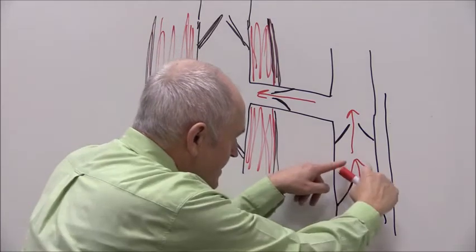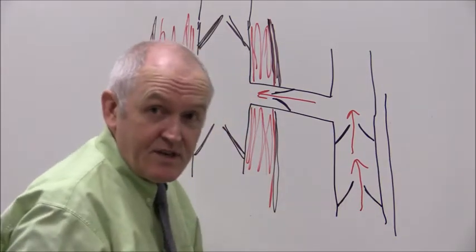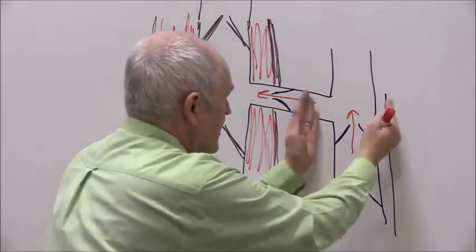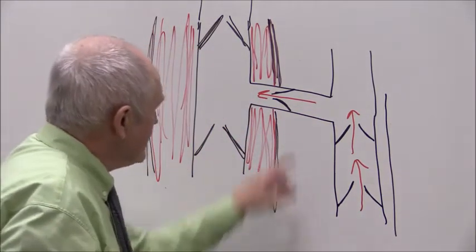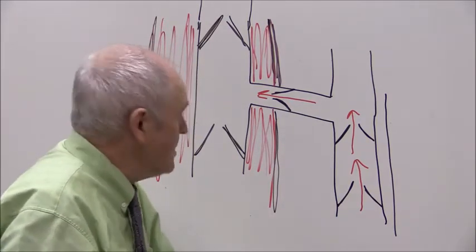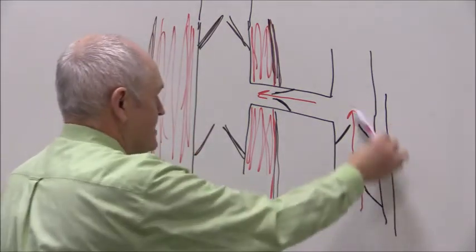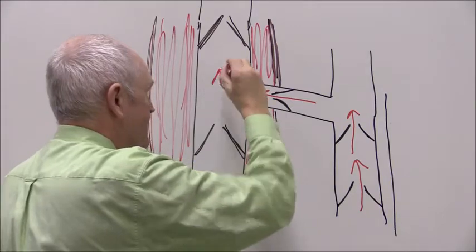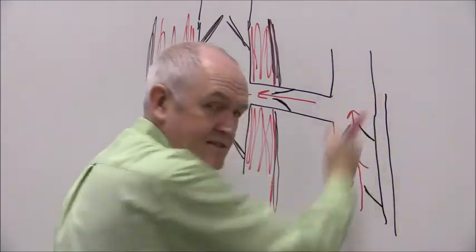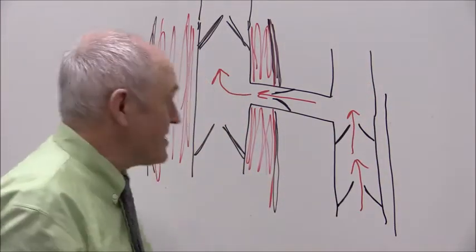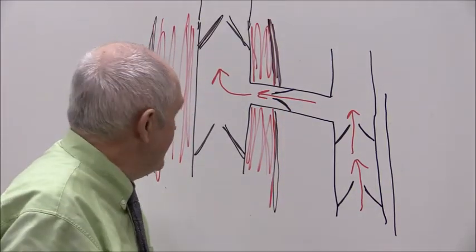If that happens, the blood will try and go back down, but it can't because that valve will shut, preventing the regurgitation of the blood. But that one will open, as indeed will that one in the perforator vein, sometimes actually called communicator veins as well. So what this means is the direction of travel is from the superficial veins through to the deep veins. And if blood tries to go from the deep veins back to the superficial veins, it can't. It's prevented from doing so by the presence of the valves in the perforating communicator veins.